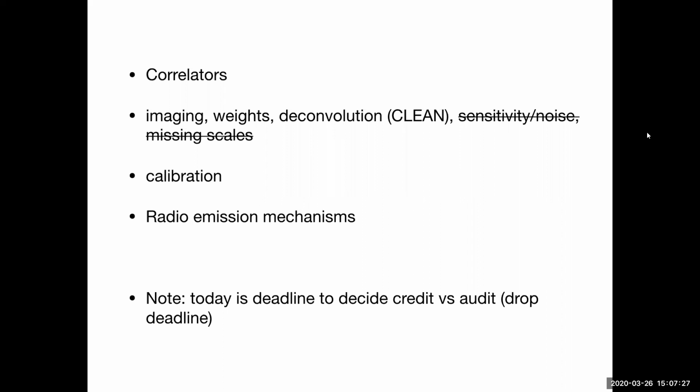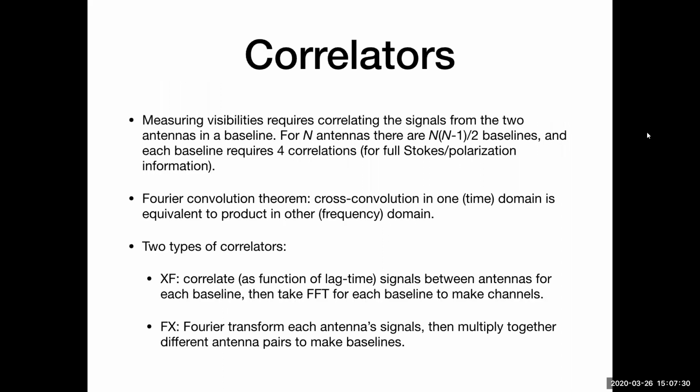Okay, so correlators are the devices required for the cross-correlation aspect of the interferometer. The process of measuring visibilities means we're correlating signals for any given baseline from any pair of antennas. So if we have n antennas, we get n(n-1)/2 separate baselines.